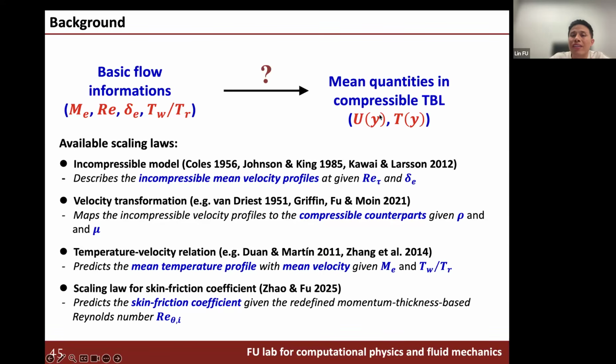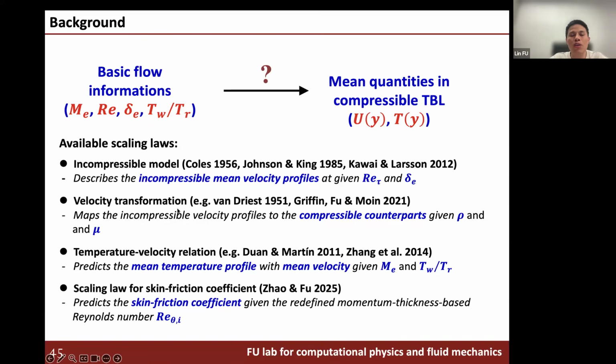So can we directly get these mean quantities without solving the governing equation, just based on the scaling law? The answer is yes. We check the available scaling laws. For the incompressible boundary layer profile, we have the Coles profile, which we will show you later.